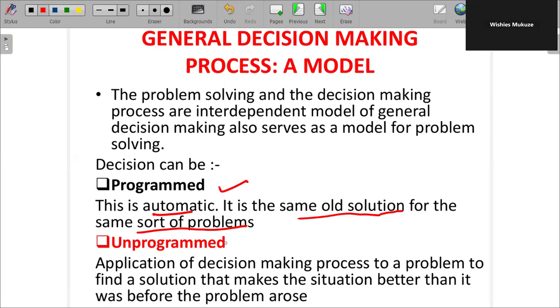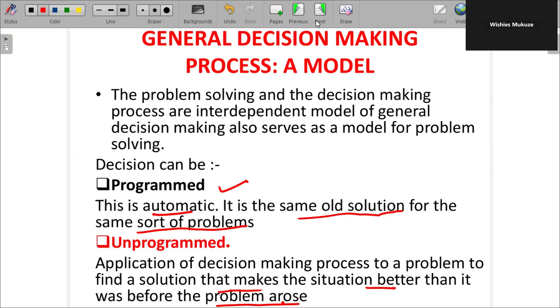And then it can also be unprogrammed, whereby the decision making process is applied to a problem to find a solution that makes the situation better than it was before the problem arose. We are starting afresh here. We are now looking for alternatives. We are now deciding on the alternative to solve that problem.